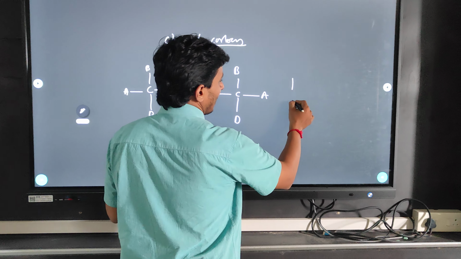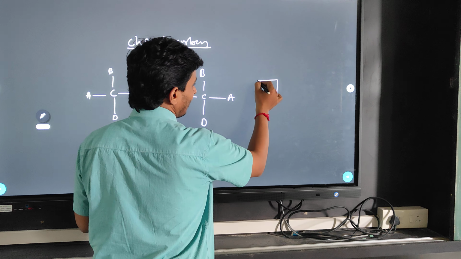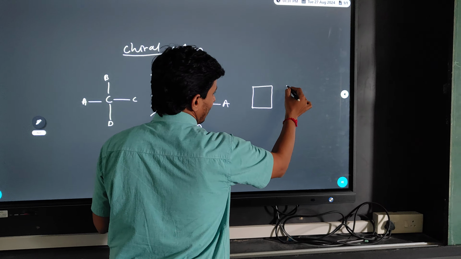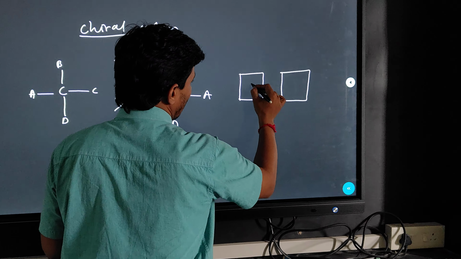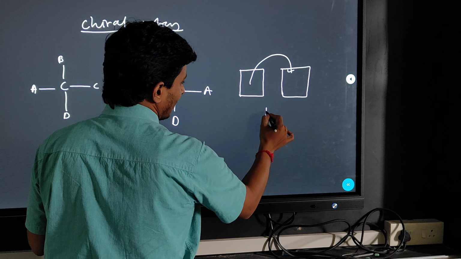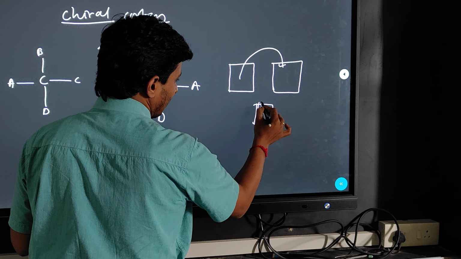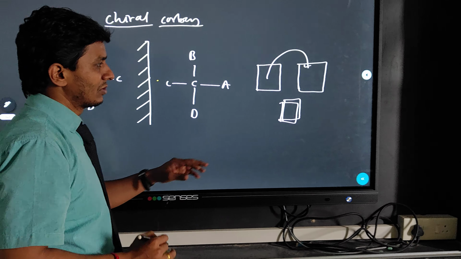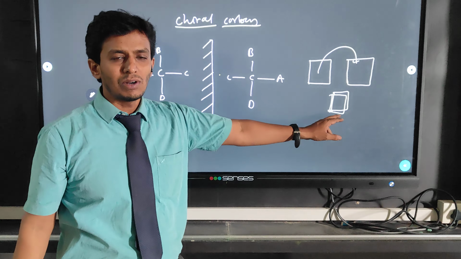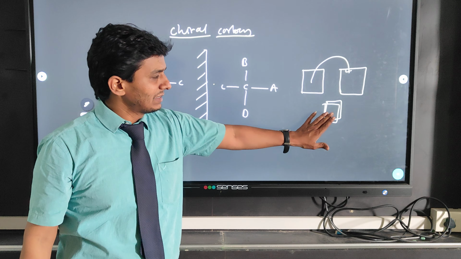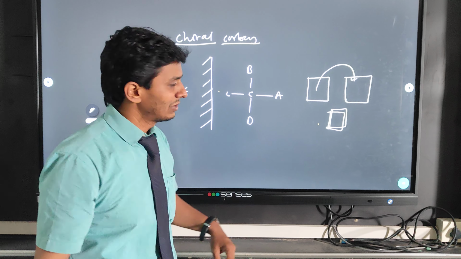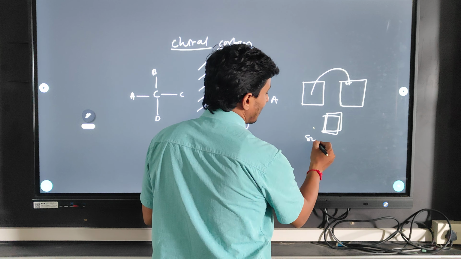If one particular structure is completely overlapped with the other, and it gets overlapped like this, this is called completely overlapping. If it is completely overlapping like this, then we call it superimposable.